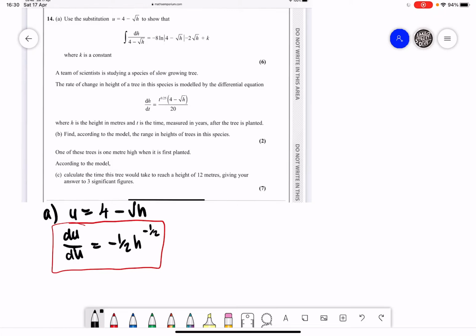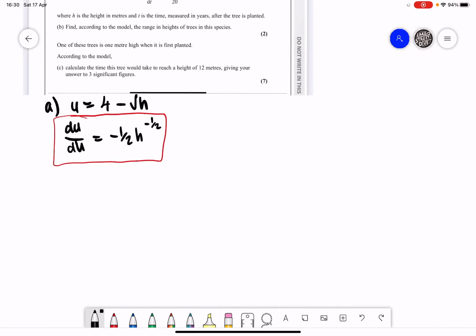So firstly, du/dh is equal to minus a half times 1 over the square root of h.